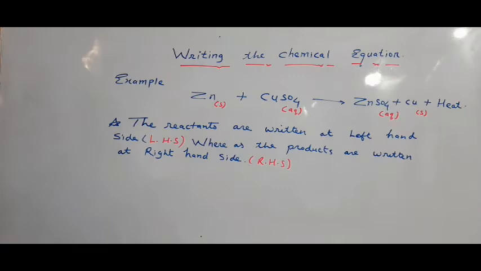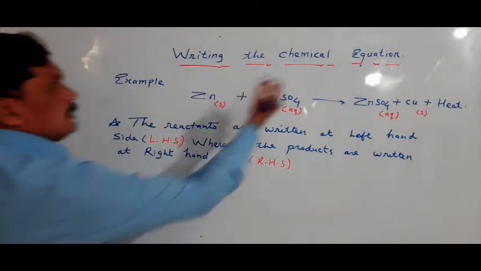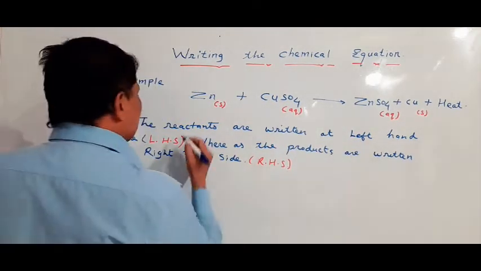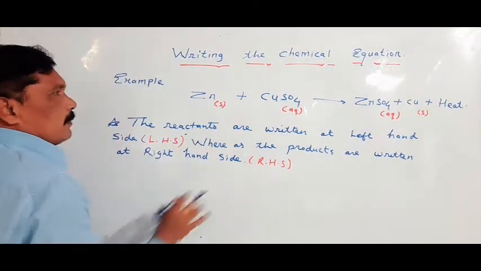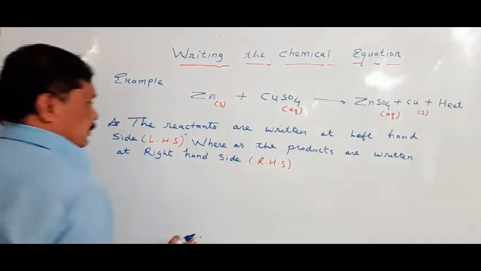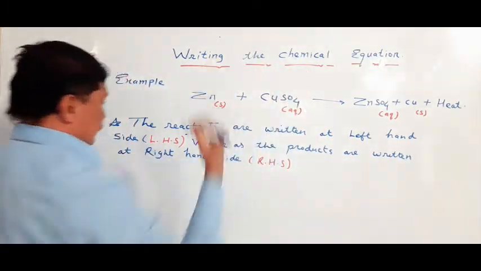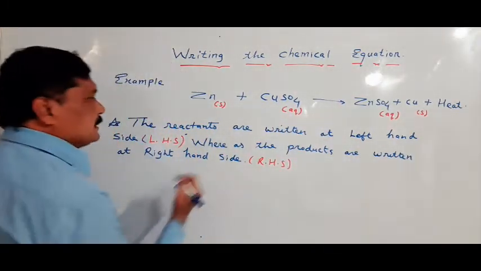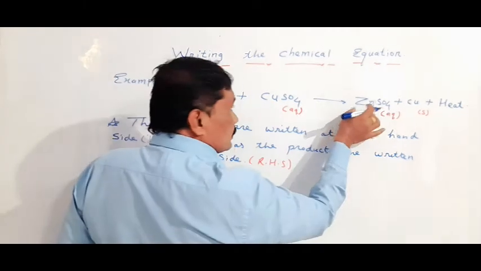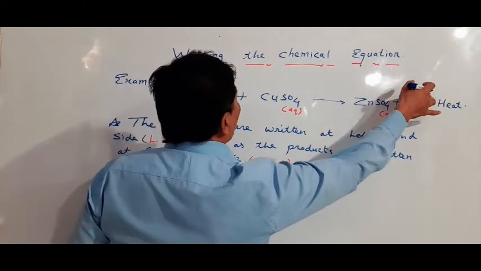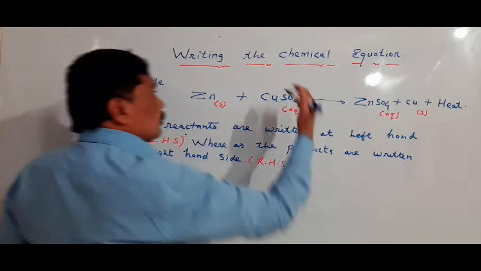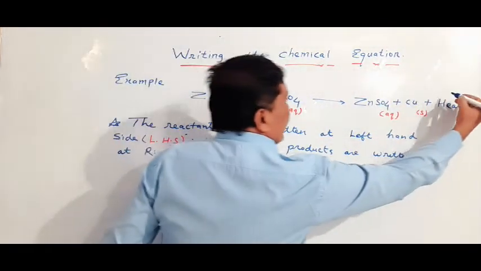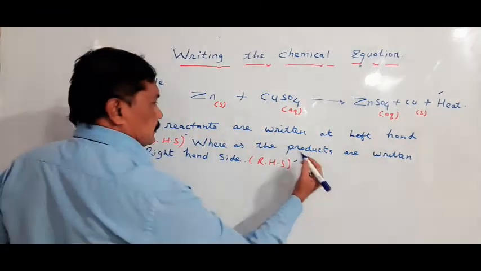So, in this chemical equation, on the left hand side, we have zinc and copper sulfate. These are the reactants. Whereas on the right hand side, we have zinc sulfate plus copper. So these are the products which are on the right hand side.